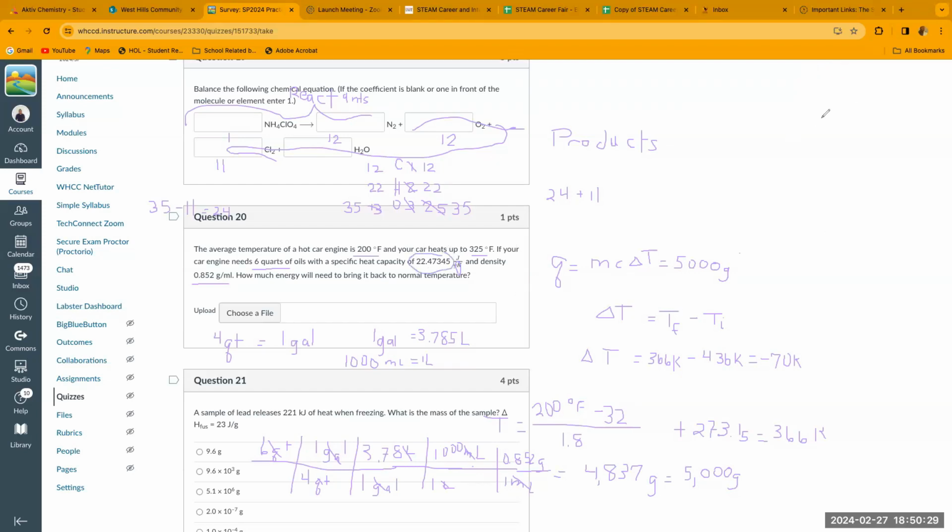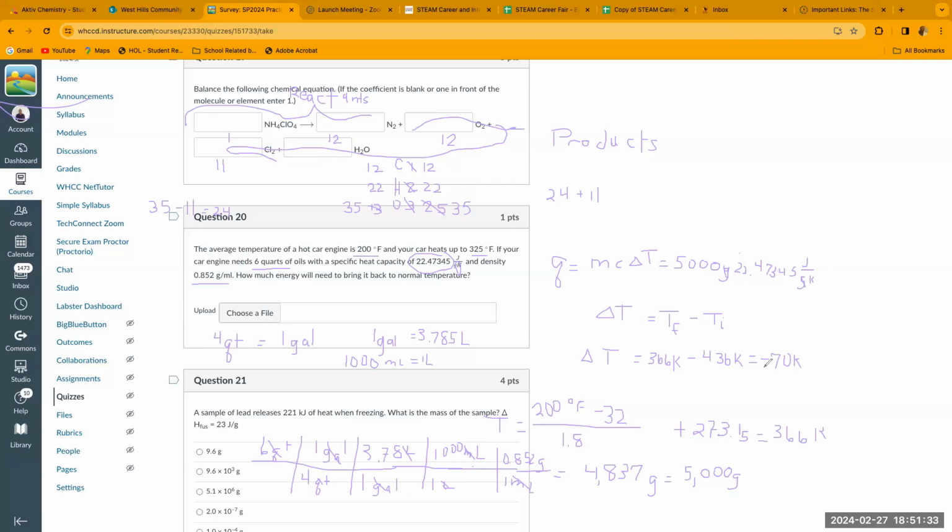That's our specific heat, that's our C. So that's 22.47345 joules per gram Kelvin. Then the grams are going to cancel each other out.